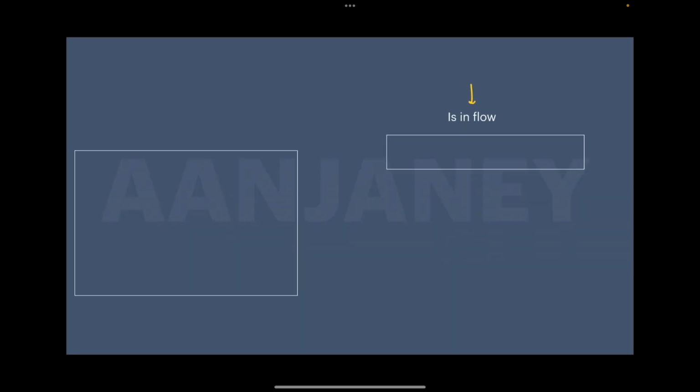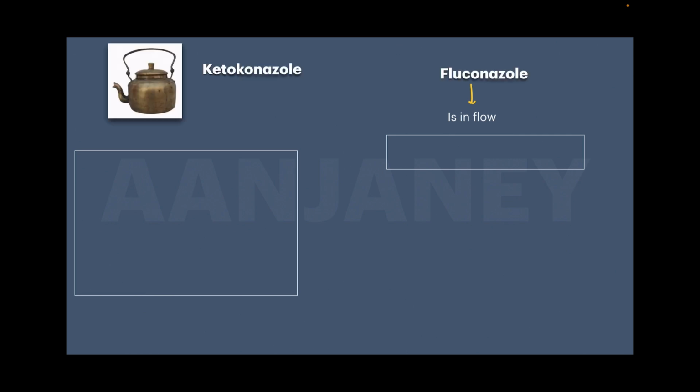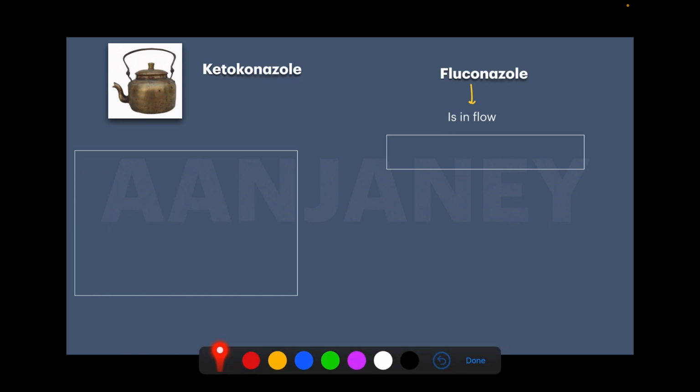So let's see the drugs which are in the systemic azole. So first one is ketoconazole, and the second one is fluconazole. In ketoconazole, you have to imagine an old kettle, which is an old useless kettle. We are not using this drug anymore. And fluconazole is the inflow thing. It is widely used among the azoles.